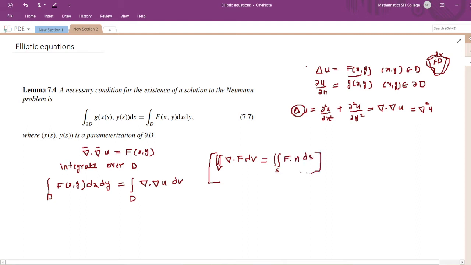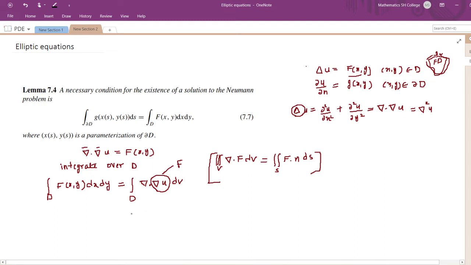So this is the Gauss divergence theorem, and we will apply it here. Del u is our F, so we will get that this is equal to F dot n ds.